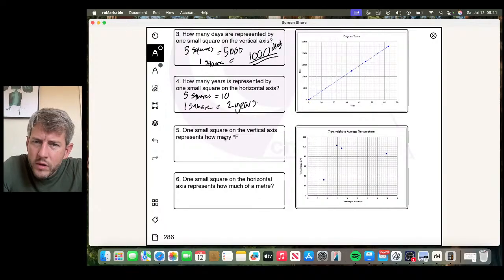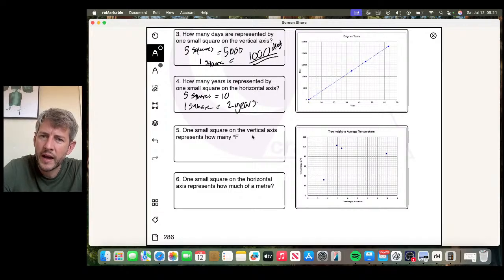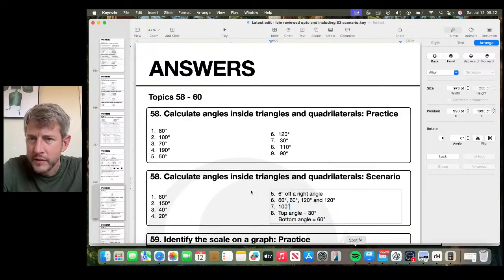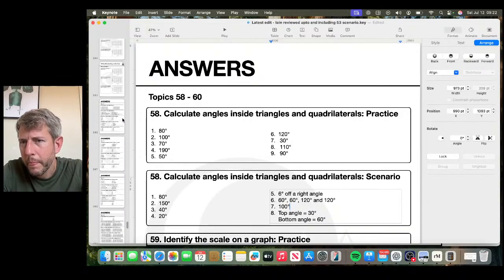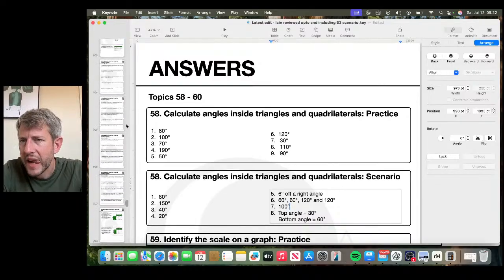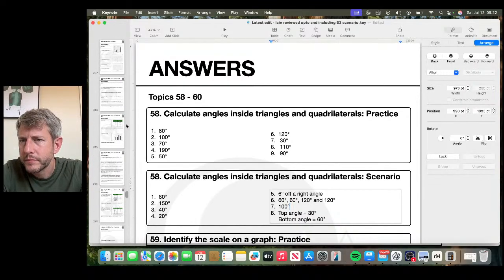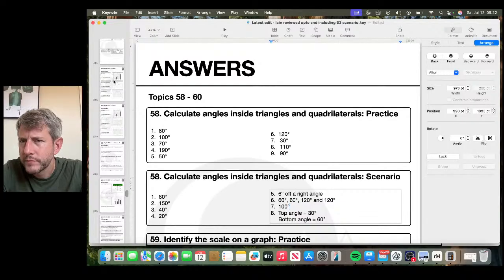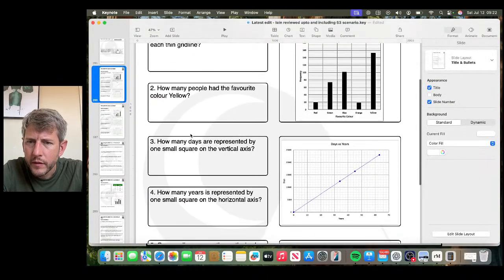Right, question 5. One small square on the vertical axis represents how many degrees Fahrenheit? Okay, there's no question mark there, so I need to get that in. Here we go.